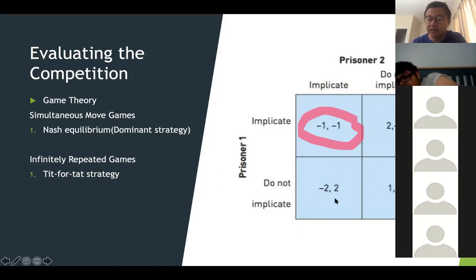So the better one for us is -1 here. -1, -1, that's the payoff.